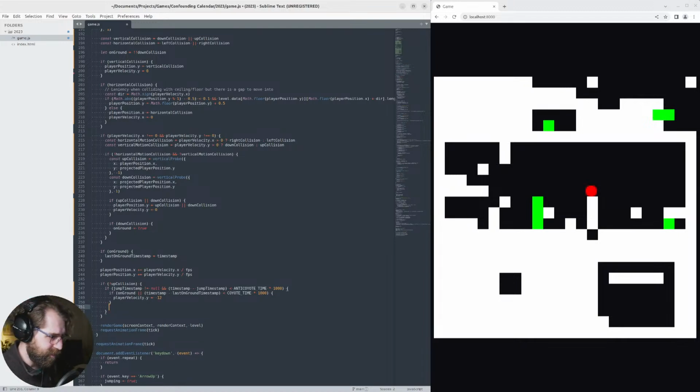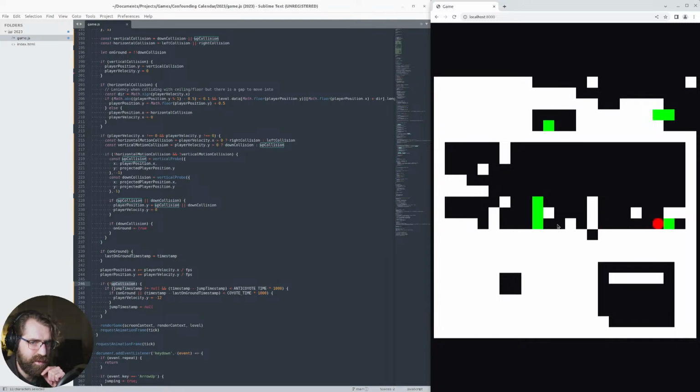I mean, regardless of whether we jump, I think we want to set that to null. Okay, we're not jumping a million times now. So now if I press up while I'm under this, no. No, because we do actually want to do it if we jump, of course. But if there's no up collision, so this shouldn't happen unless there's no up collision.